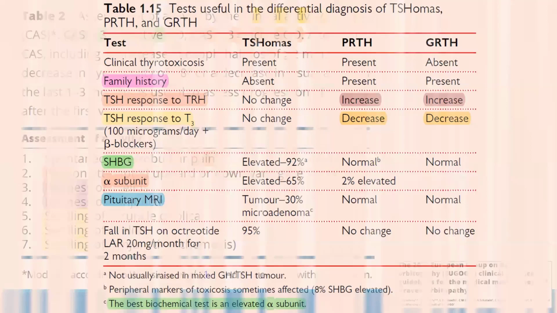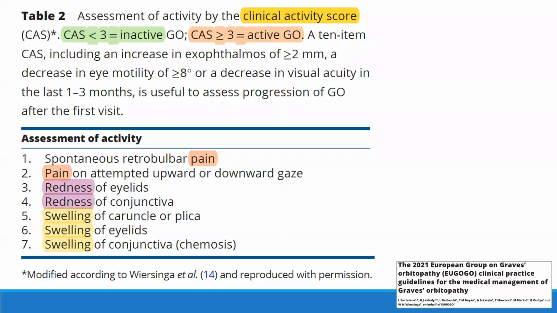And from the previous sessions about Graves' orbitopathy, this is a very important slide, the clinical activity score, because the management of Graves' orbitopathy depends on activity and severity. How to decide clinical activity score? This is a 7-point score in which if the patient has less than 3 points, this is inactive Graves' orbitopathy.